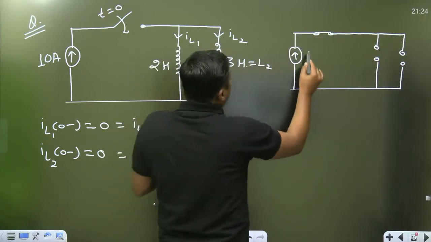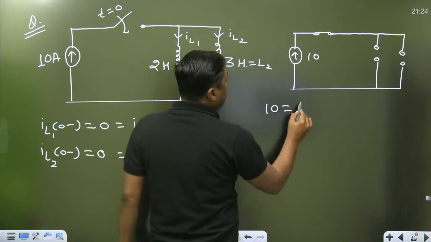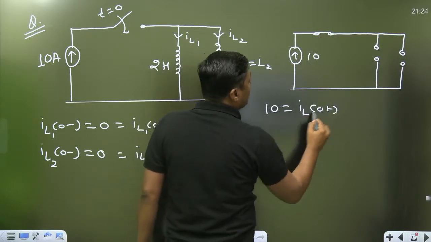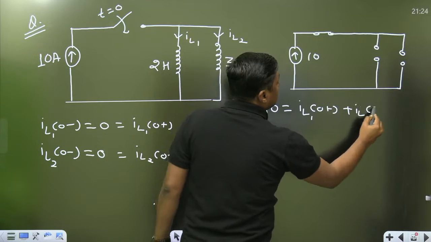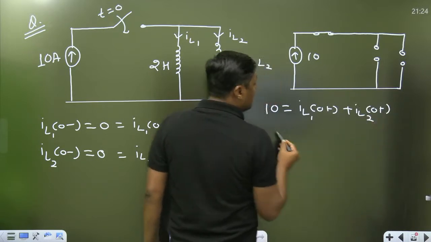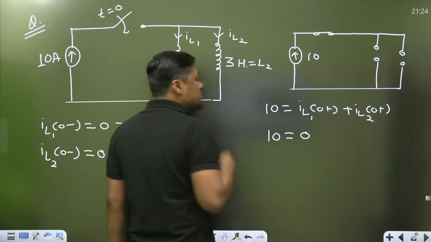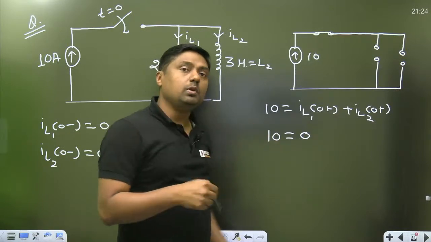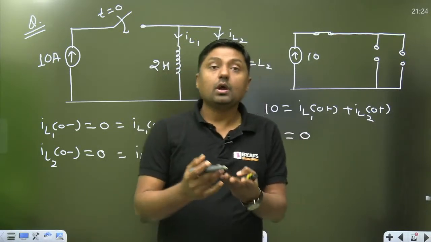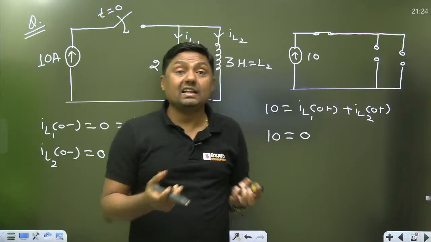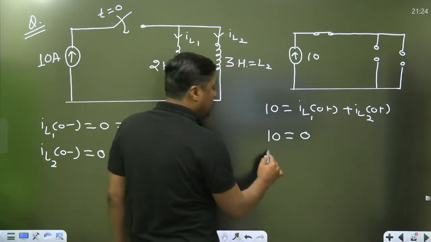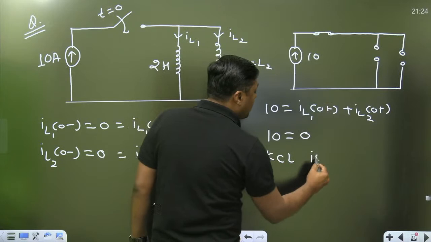KCL, incoming current 10 ampere is equal to 0. So this will become 10 is equal to 0. How is it possible? 10 will become 0, how is it possible? What about the KCL? Violated. Kirchhoff's current law is violated.